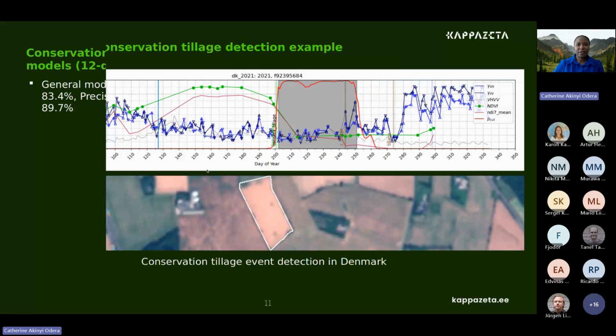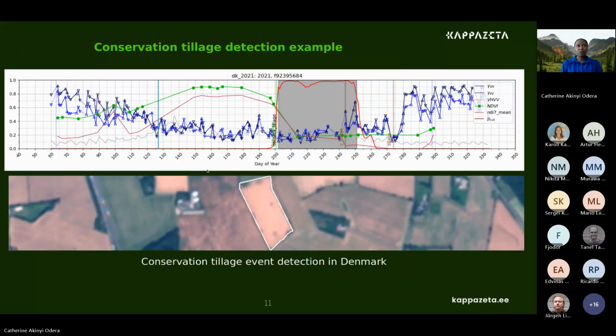Now I'll show you an example of a conservation tillage detection that took place in Denmark in 2021. In this instance, you can see for this parcel, there was a harvesting event that took place at this point, and the model correctly identified the presence of crop residue until this point. At this point, you can see that there's a drop in coherence, which means that something happened, but we weren't able to establish in detail what really happened because there's a missing Sentinel-2 data point.